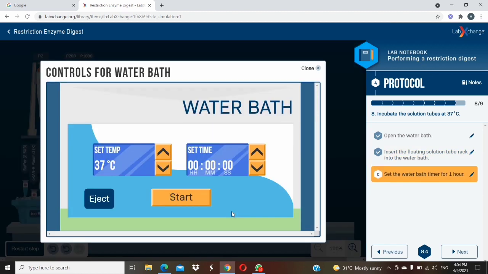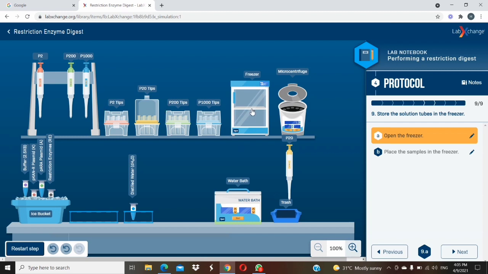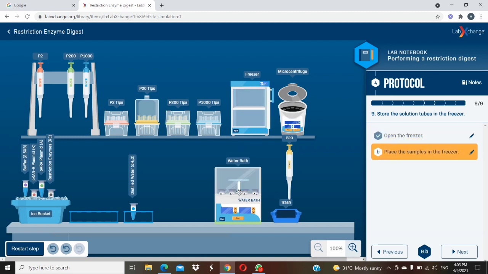Then set it for 1 hour. Start. Okay. Next, open the freezer and then place the samples into the freezer.